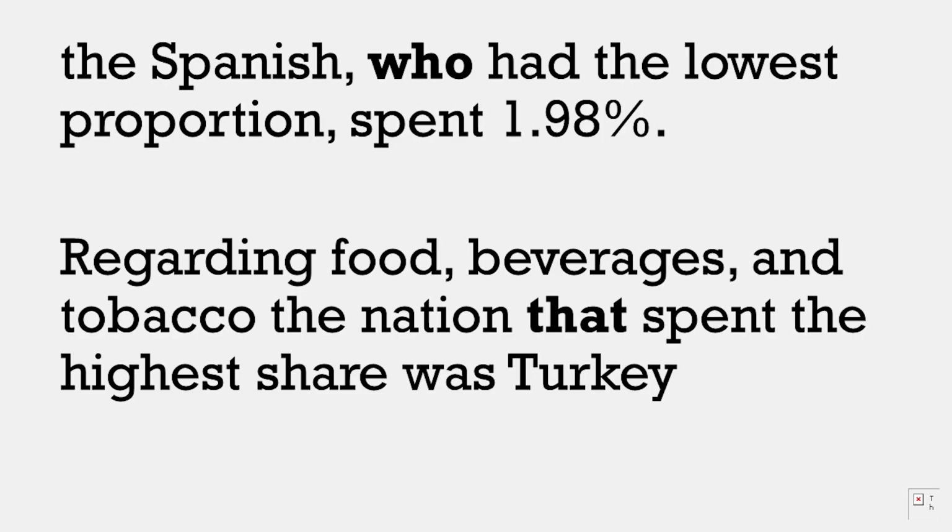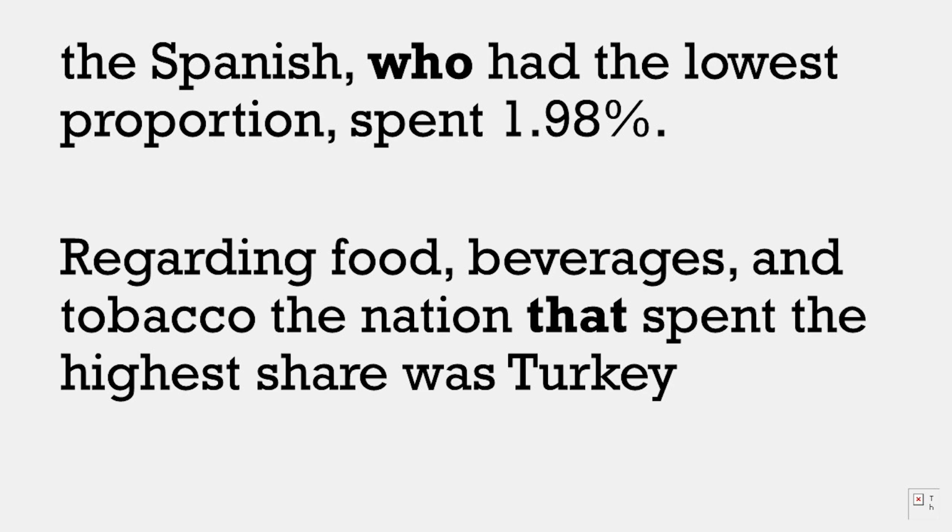So if you have a look at the first one, the Spanish who had the lowest proportion spent 1.98%. So "who" here is a relative pronoun. It's used to add information about the subject. The subject is the Spanish. So we've got the Spanish who had the lowest proportion spent 1.98%.